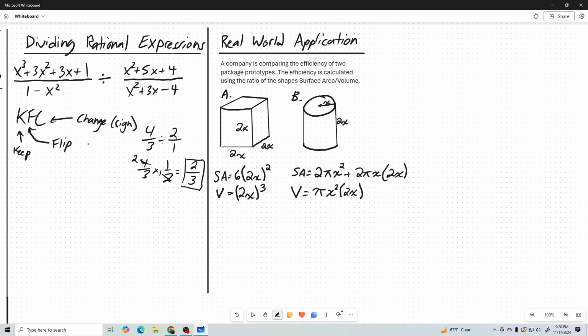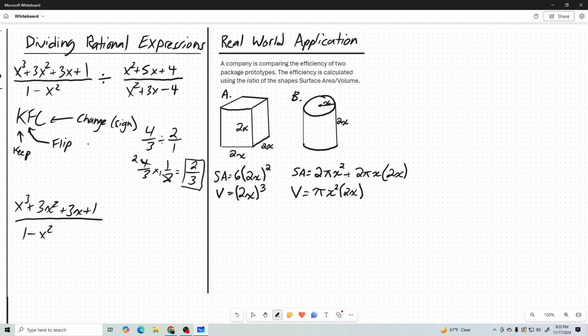Well, guess what? We're going to do the exact same thing, but we're going to factor stuff first. It's really the only difference. All right, so let's just go ahead and do our keep, flip, change first. So I have x cubed plus 3x squared plus 3x plus 1 over 1 minus x squared.